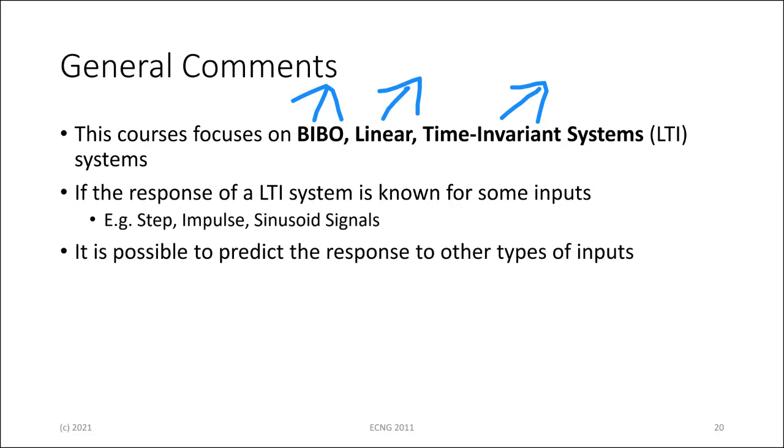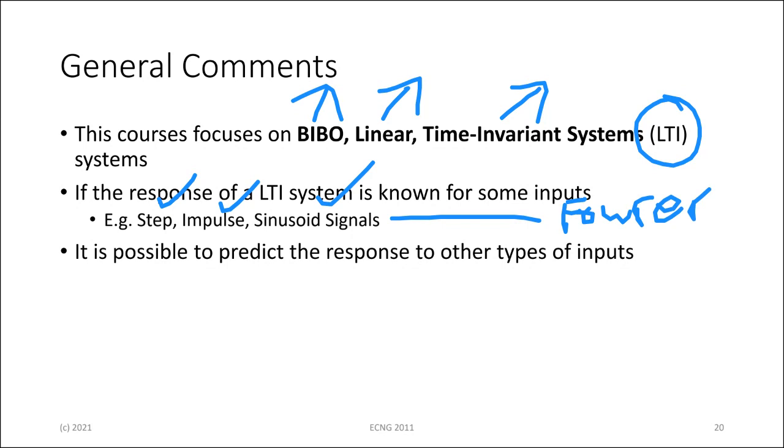So it's predictable. The next thing is that if these things, collectively called LTI, linear time invariant systems, if you have a linear time invariant system and you see what the step response looks like, you see what the impulse response looks like, and you see what the sinusoidal response looks like, this is the part that we deal with when we do the Fourier response.